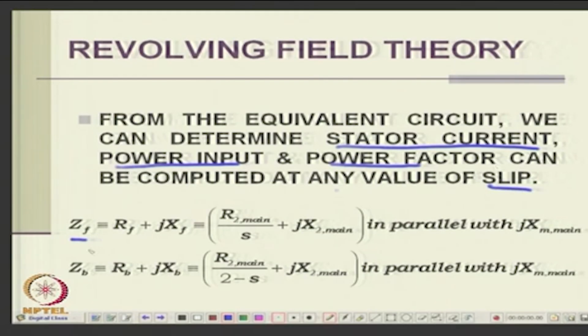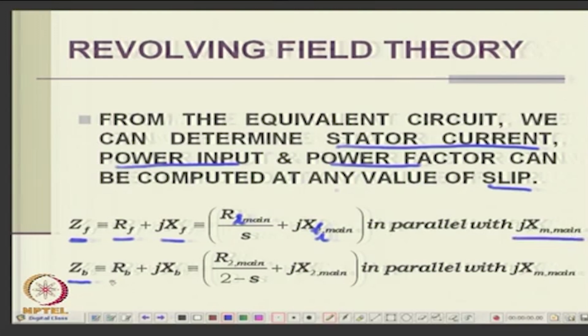Now, you can write ZF, the forward impedance at the rotor, is RF plus JXF, which is RR by S plus JXLR, in parallel with JXM.